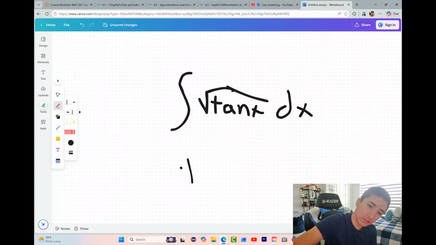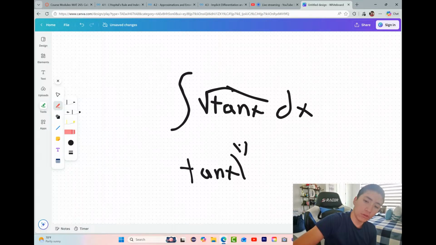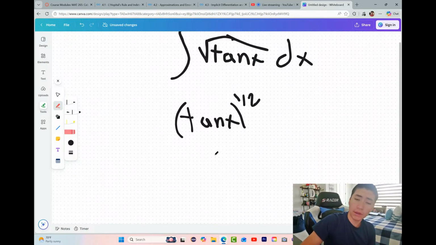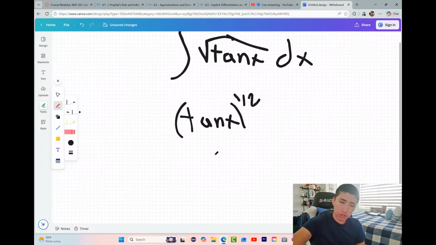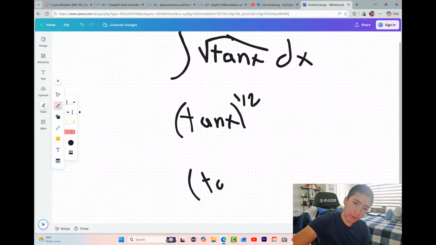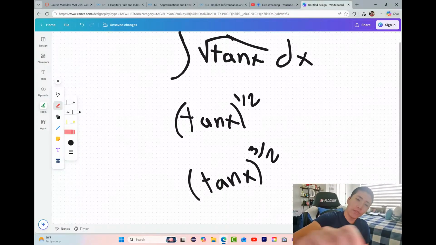So we can express this as tangent of x to the 1/2. And okay, so this would have been something like tangent of x to the 3/2, I think. And 3/2 times what gives 1?